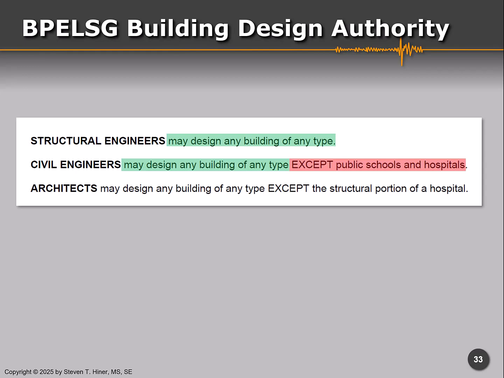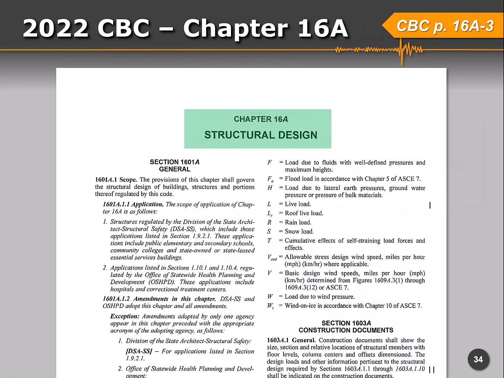Licensed civil engineers can do any other buildings, but they can't be in responsible charge of public schools and hospitals. So from that standpoint, when we look at this chapter 16A, the application, it notes that structures regulated by the Division of the State Architect, Structural Safety Section.